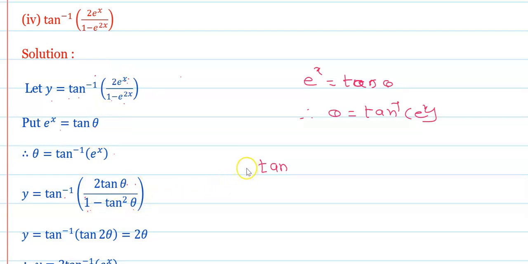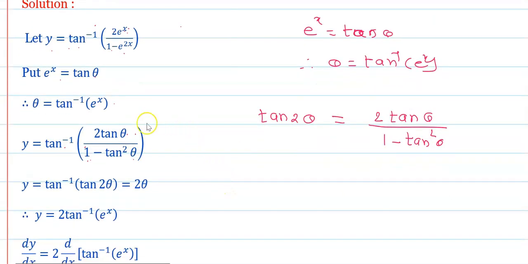Again, there is one more result, that is tan of 2 times theta is equals to 2 tan theta upon 1 minus tan square theta. Okay, this is the formula. And therefore, 2 tan theta upon 1 minus tan square theta is tan inverse of tan of 2 theta. That is equals to 2 theta.